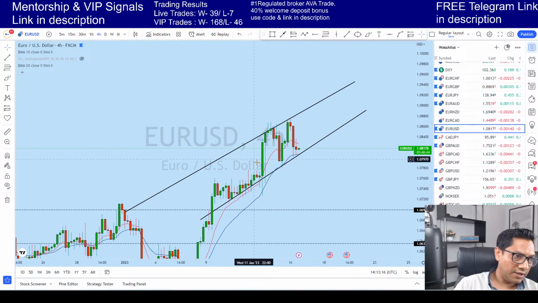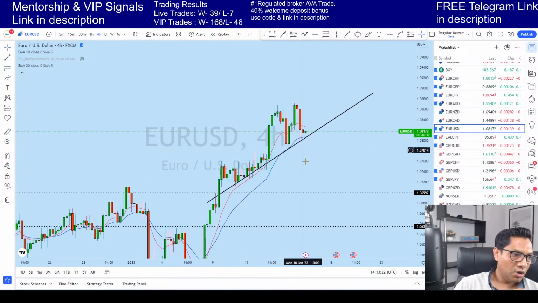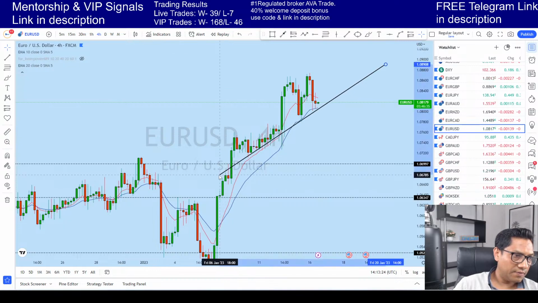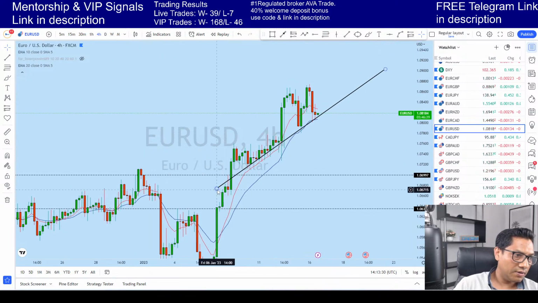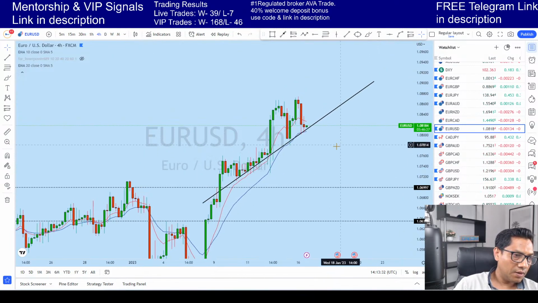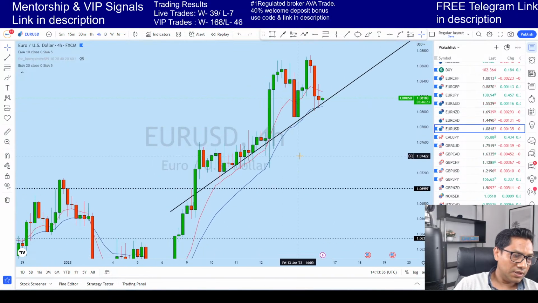Though it's not like that, basically this is the support. Resistance is not yet defined, so support is defined with this dynamic trend line, with this 20 EMA, which is the dynamic support. The same way it is working.